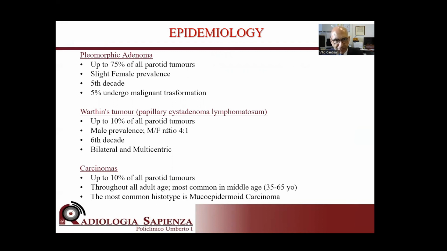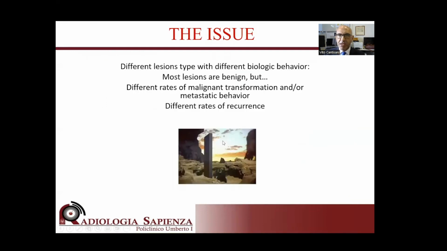And I underline for pleomorphic adenoma that there is a risk of 5% to undergo malignant transformation. In parallel, Warthin tumors more frequently are bilateral and multicenter. The issue is to differentiate, to reduce fine needle aspiration, which sometimes, in a range between 5 to 10%, is not accurate.